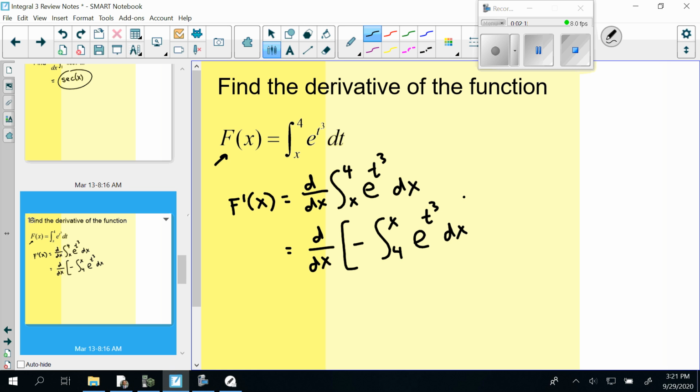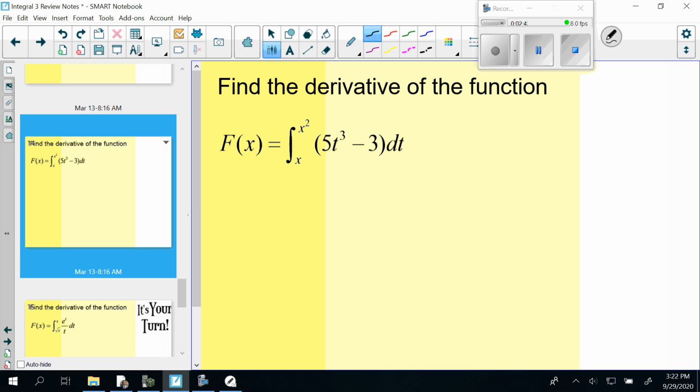So now this just looks like the problem we did before. We can apply the derivative there, and you're just replacing the t with the x, and you get the same thing, except it's going to be opposite now. So we get the opposite of e to the x cubed, and that would be the solution to that one.